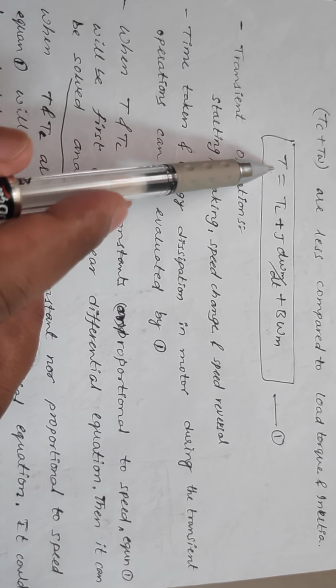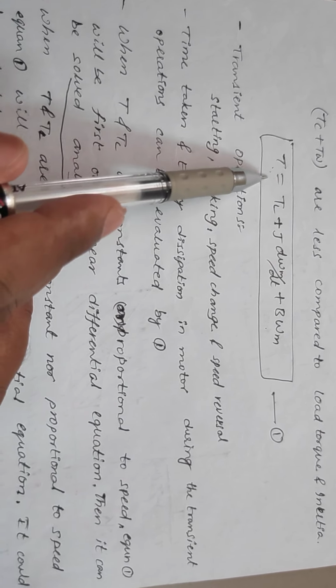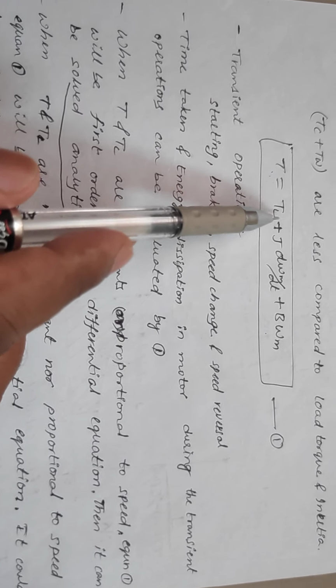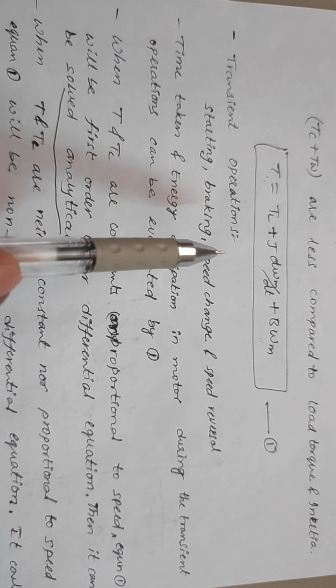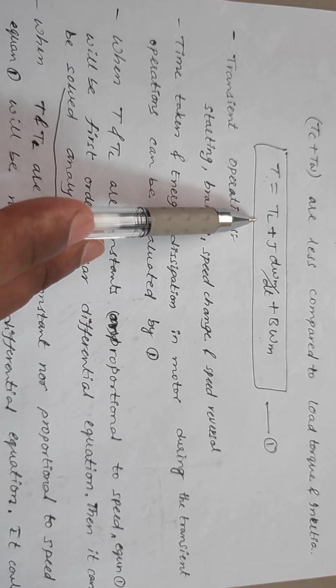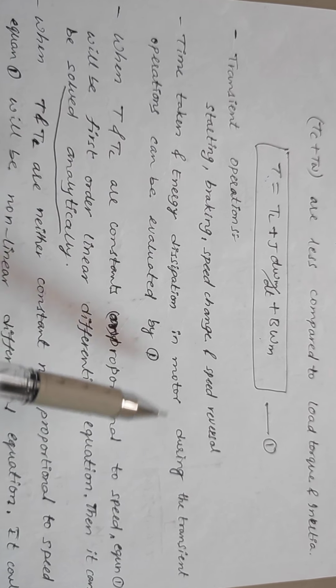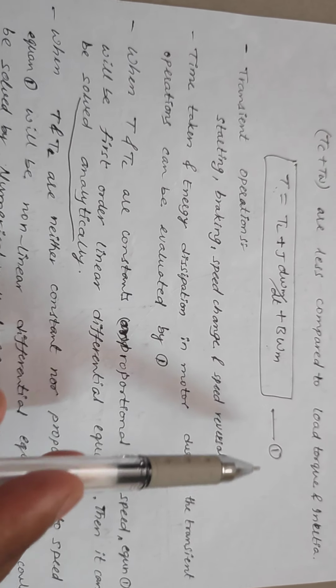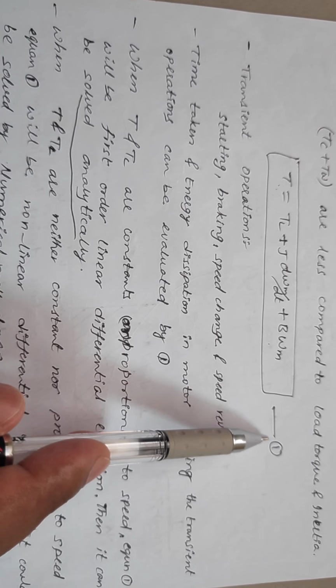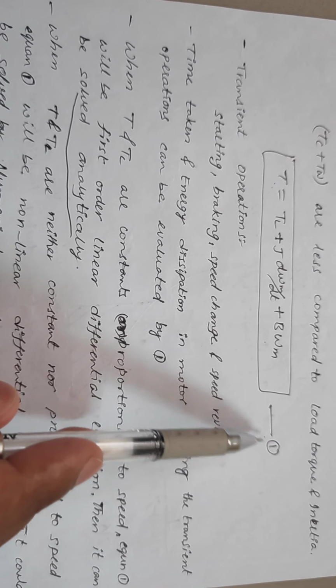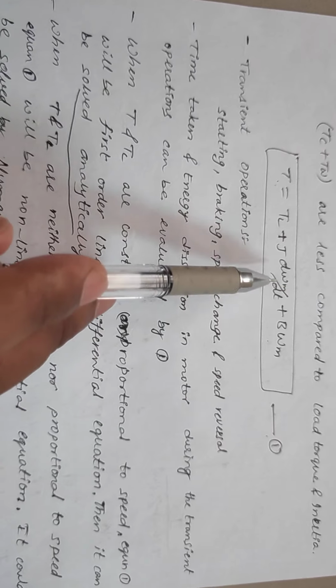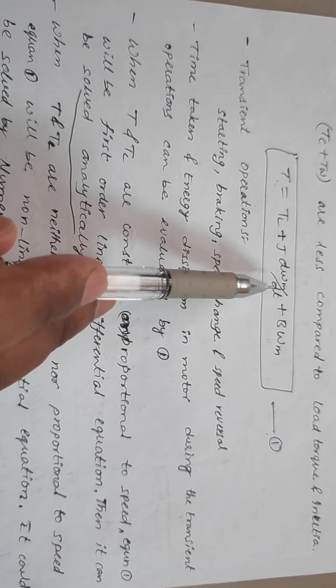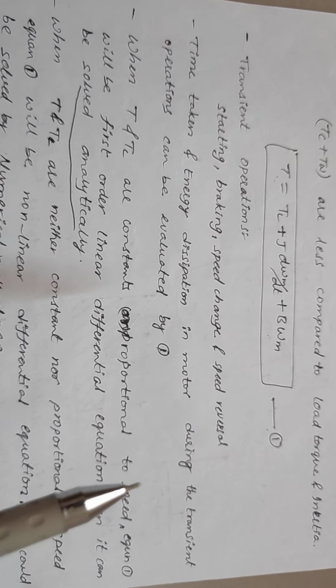That is one of the equations we will see in the problem statement; with the problem, we can understand it in a better way. If torque is directly proportional to the speed and load torque is also directly proportional to speed, then we can solve this equation analytically, because the equation becomes a first order linear differential equation.